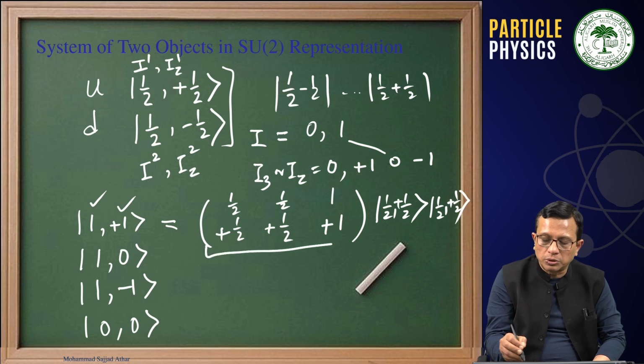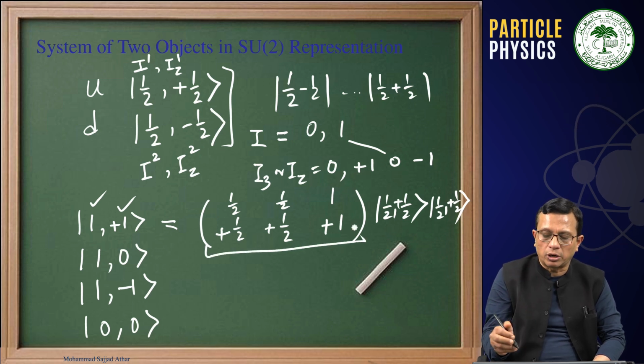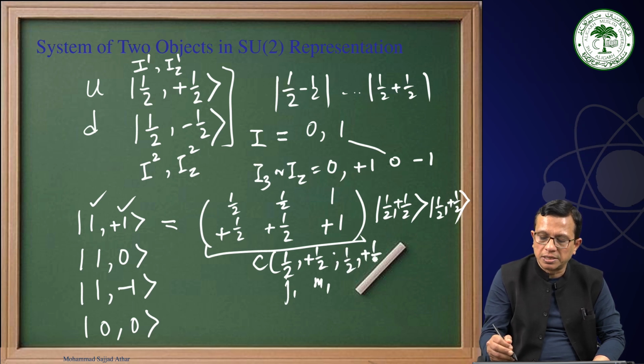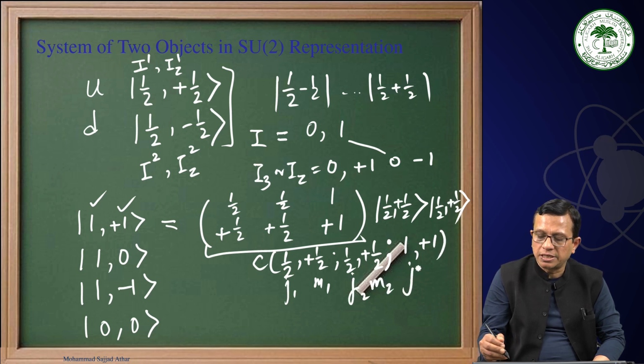And then I told you that this is nothing but the Clebsch-Gordan coefficient, and you can look at the value of the Clebsch-Gordan coefficient in the table. This is half plus half, J1 M1, J2 is half, M2 is plus half, and then J is 1 and M is 1; this is J2 M2, this is J M. Now if you look at the Clebsch-Gordan table, you will find this value to be 1.